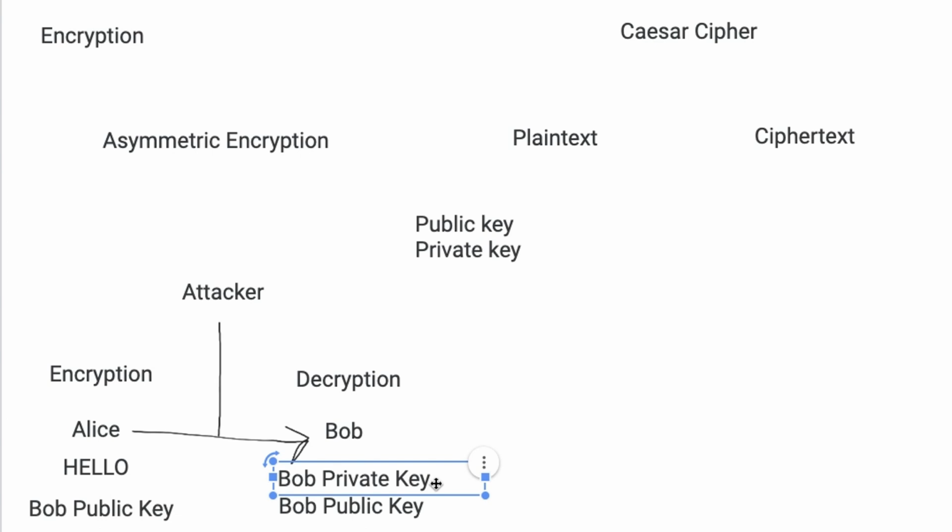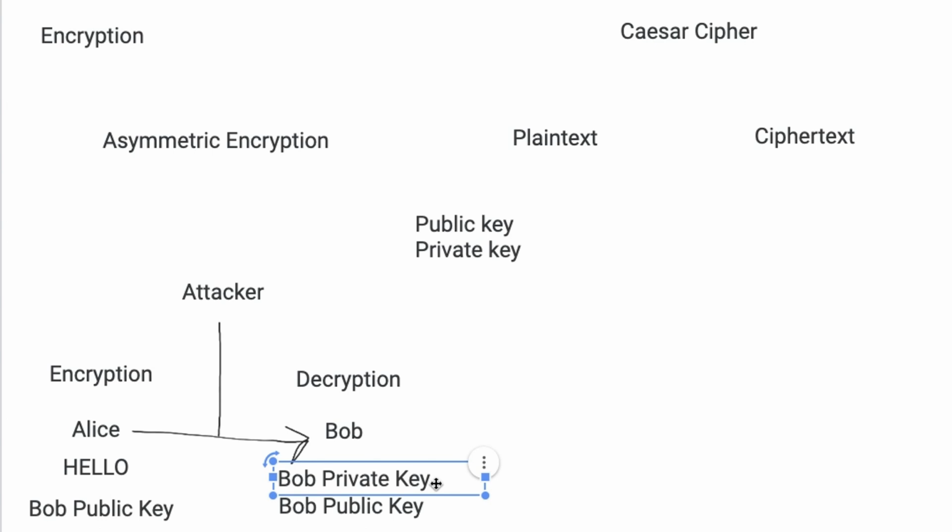Now, to visualize this situation a little more vividly, we can use a simple metaphor. Say Alice wanted to send Bob a message which is in the form of a piece of paper locked in a box. In this case, the lock is the public key, and everybody would have a copy of this lock.